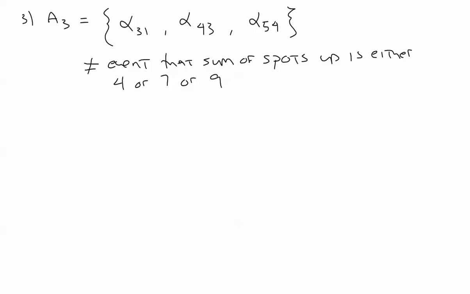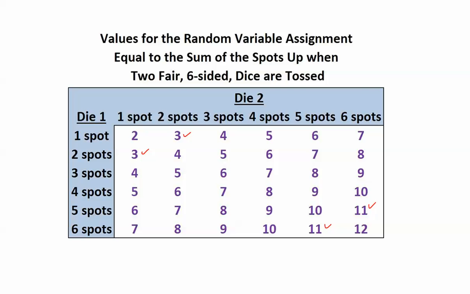Why is that? All right. Alpha 3, 1 is that guy. Alpha 4, 3 is that guy. Alpha 5, 4 is that guy.